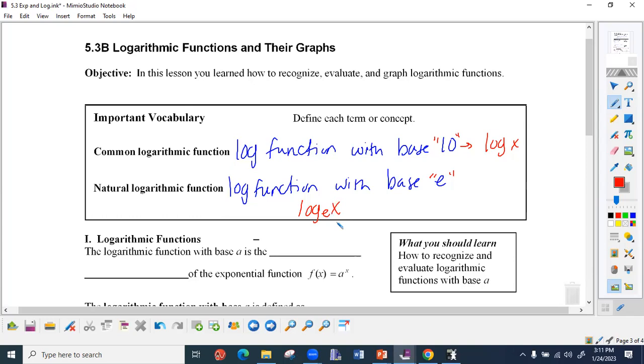So basically, we condense log base e to become natural log, ln of x. So it went from log base e to ln x. Okay, so those are our vocabulary that we needed to highlight.